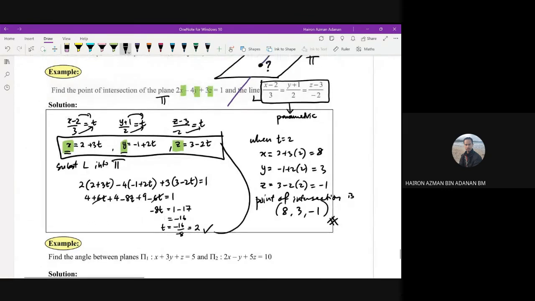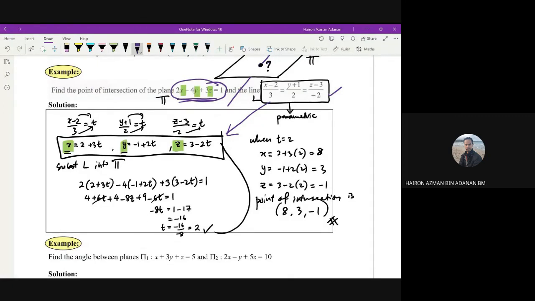Faham? Kalau you diberi plane tu, you bagilah bentuk Cartesian supaya senang you selesaikan. Okay. Yang line, you convert jadilah bentuk parametric. After that, you solve simultaneous lah actually. Solve simultaneous sebab point of intersection mestilah solve simultaneous. So between dua equation, plane dengan line.